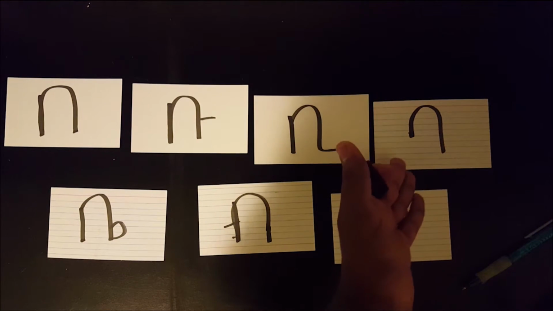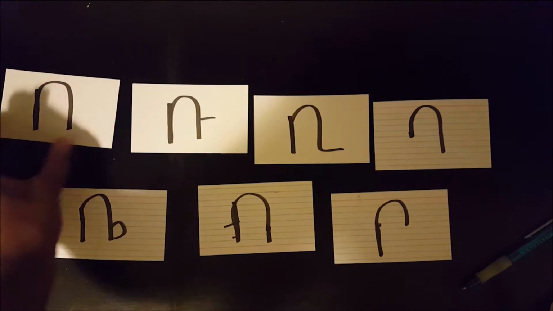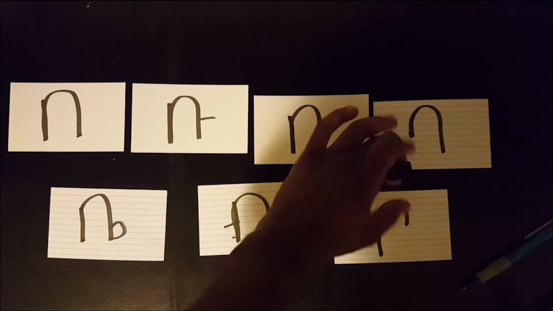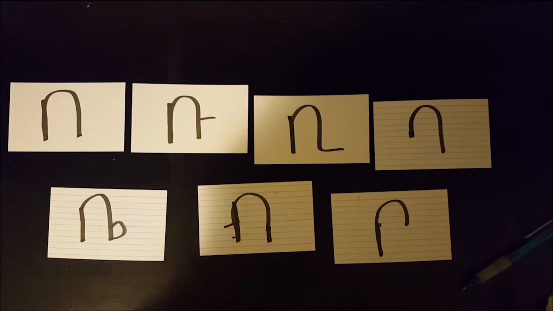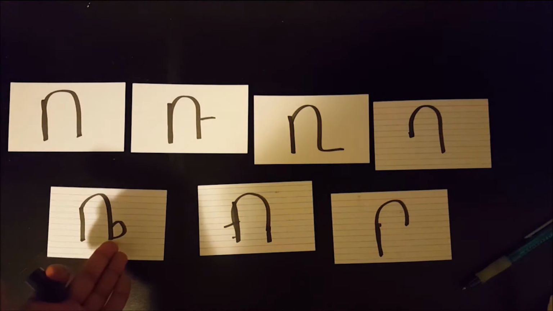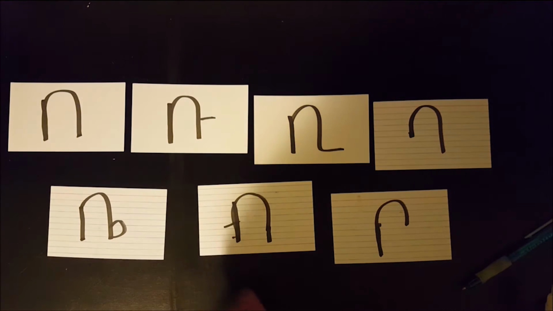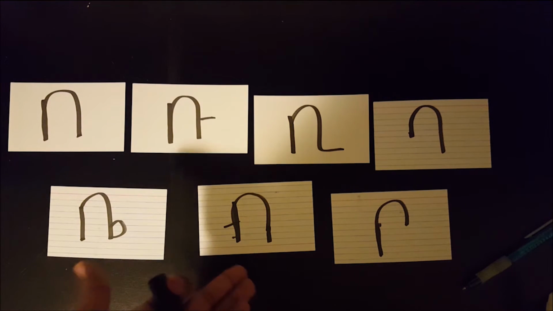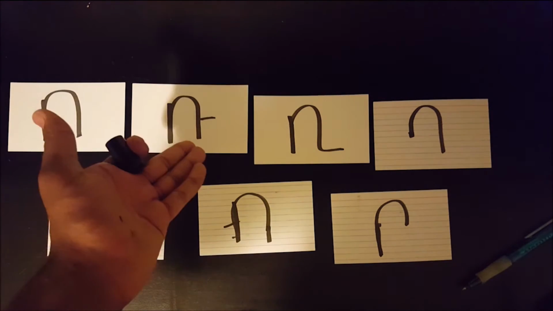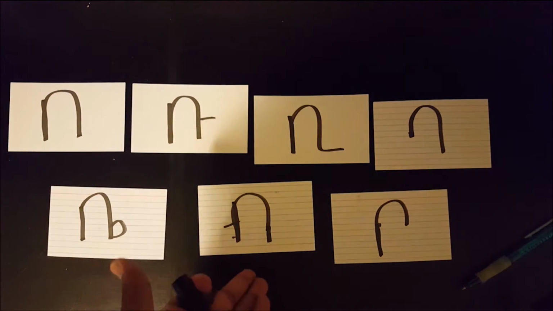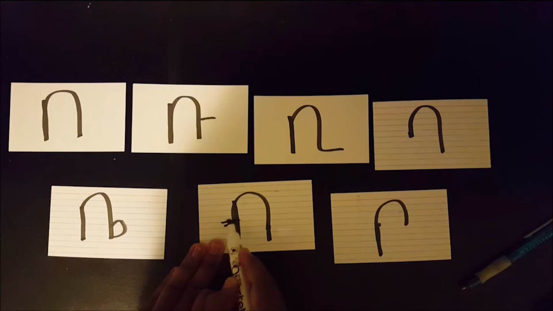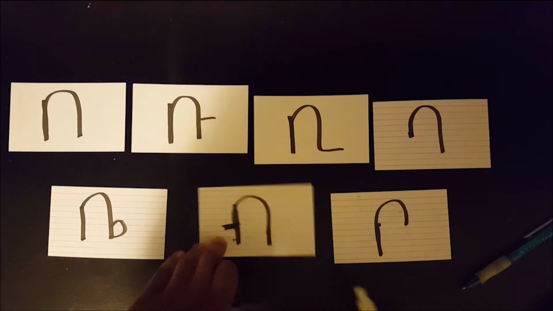If we look at the fourth one, it's exactly like the first one, but minus the part. Fifth, we need to add a circle at the bottom. Sixth, it's kind of similar to Bu, which is the second letter. You need to add the dash on the opposite side.